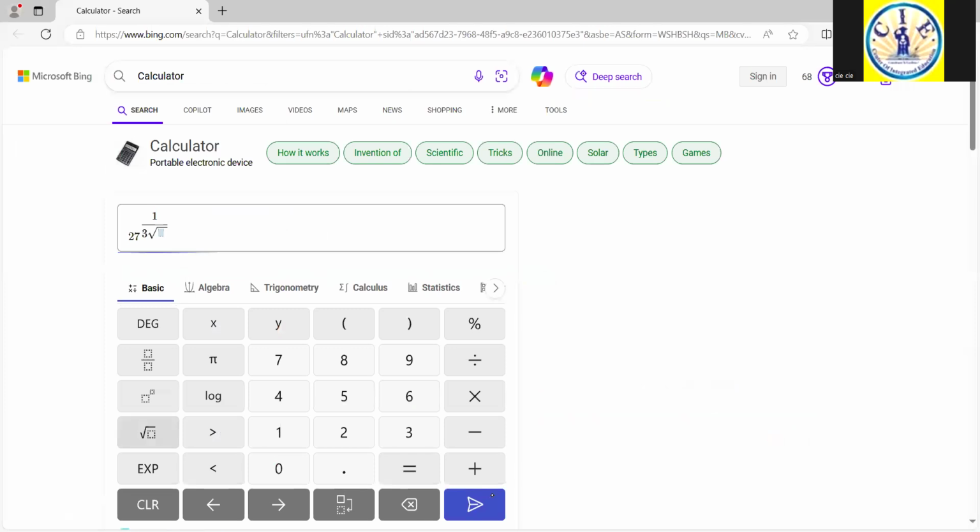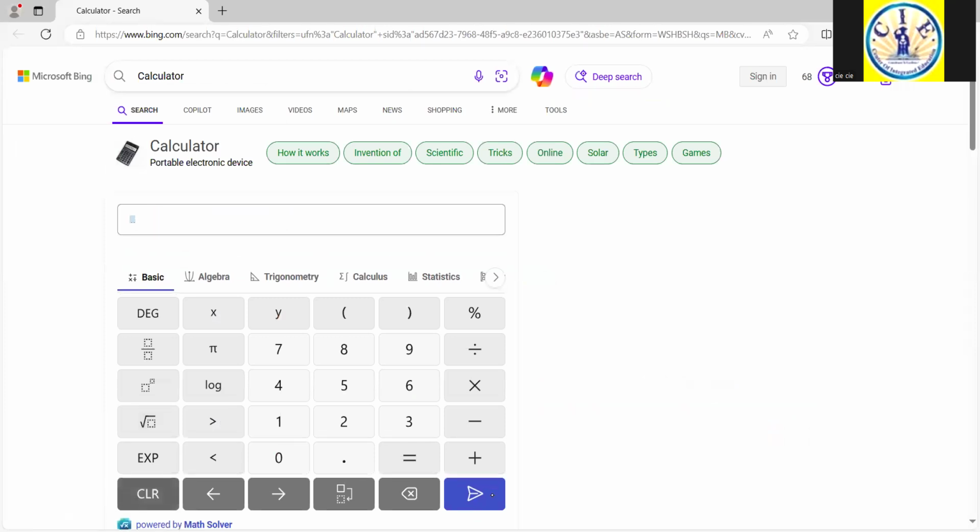So, square root of 46, that is 6.78. So, that's the answer to part G.